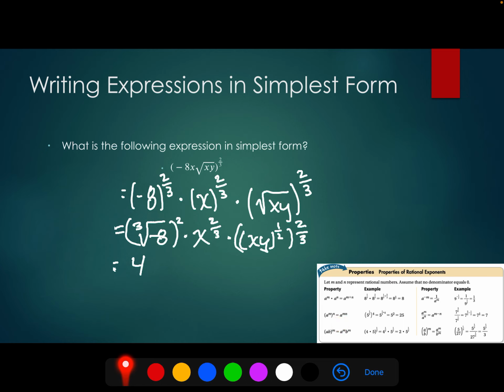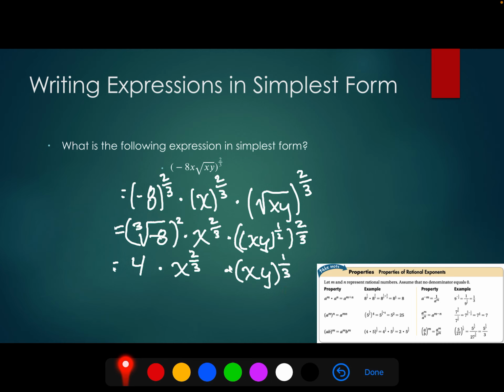So we have xy to the 1/2 power raised to the 2/3 power. That will just give us xy to the 1/3 power. Now we can bring down that middle term, x to the 2/3. And now we can still simplify even more, because here we have xy raised to the 1/3 power.